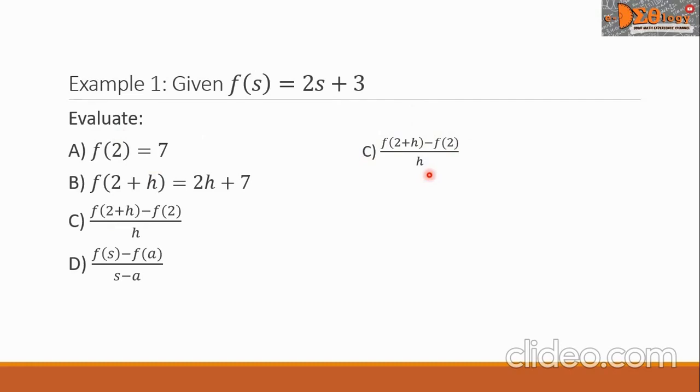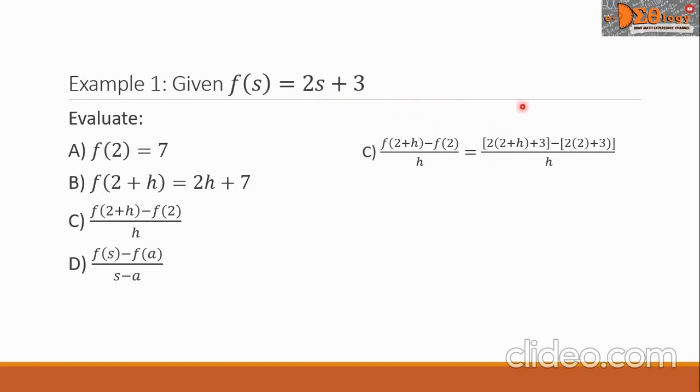So just to show, we will do it like this. For the f of 2 plus h, we will consider again that same function. We will copy it here, but instead of the s, I will put the 2 plus h. So we have here 2 times the quantity 2 plus h, then plus 3. This is for the f of 2 plus h.